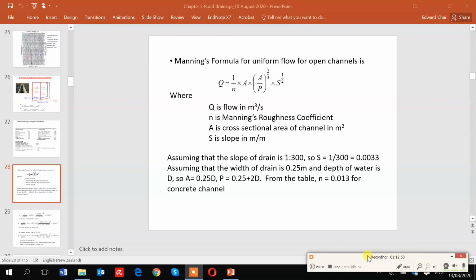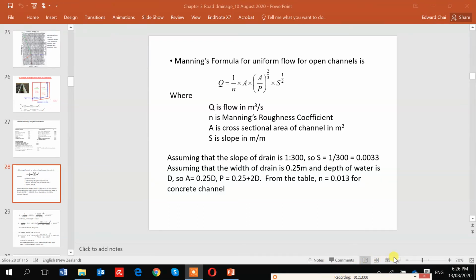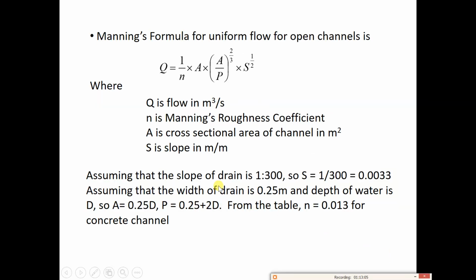I'm trying to show what the area and the wetted perimeter are, but so far I think it's a bit hard for me to do at the moment, so I will draw a figure. I think later on there will be some tutorial. I will show what it means on the diagram, how to get this area.